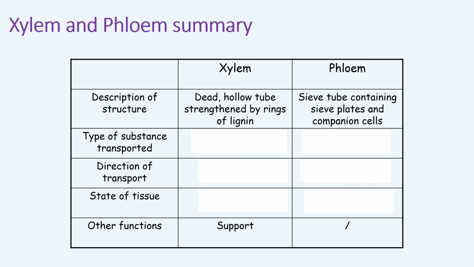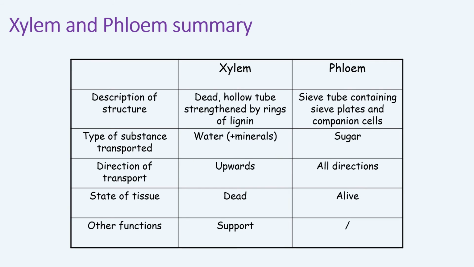The answer is that the xylem is a dead hollow tube strengthened by rings of lignin. It transports water. The direction of the transport is upwards, so water and minerals can only go upwards in the cell. The state of the tissue is dead and its other function is to support the plant.